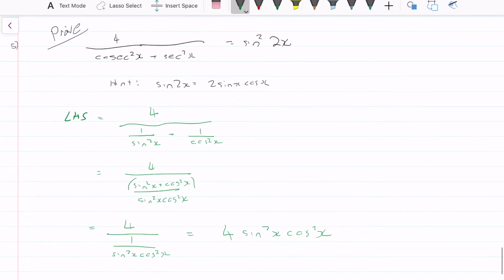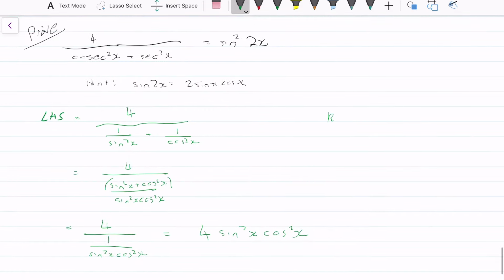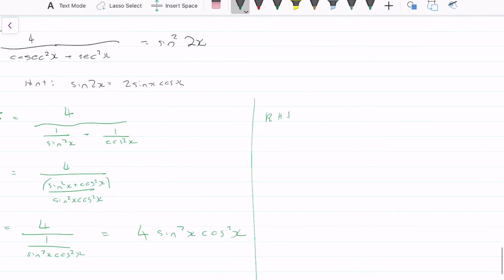Okay, that's as far as I can go with the left hand side, so let's work with the right hand side. So our right hand side, we have sine squared 2x.